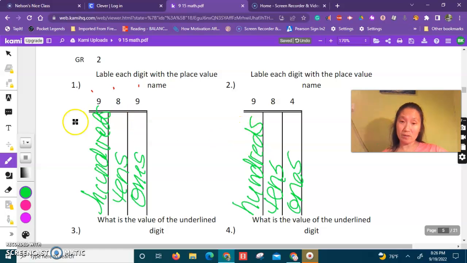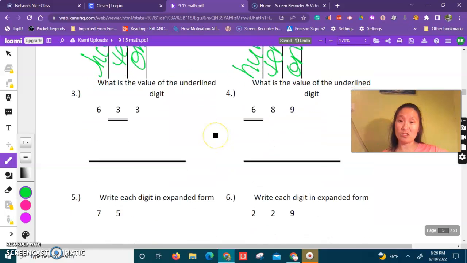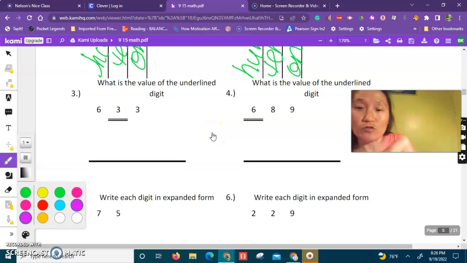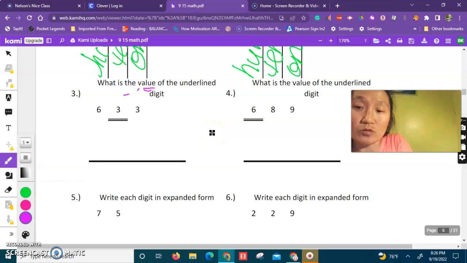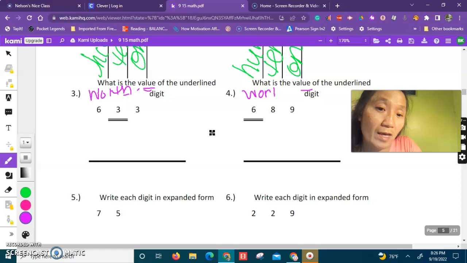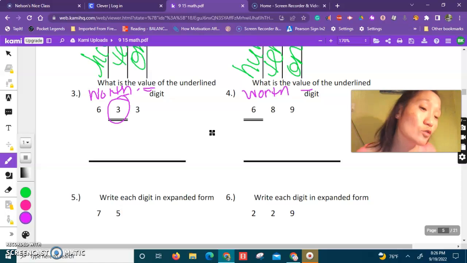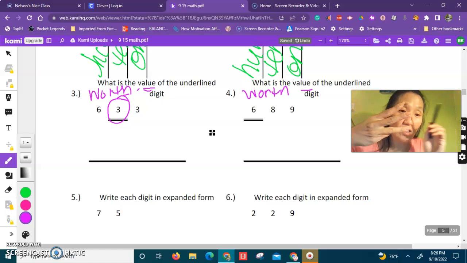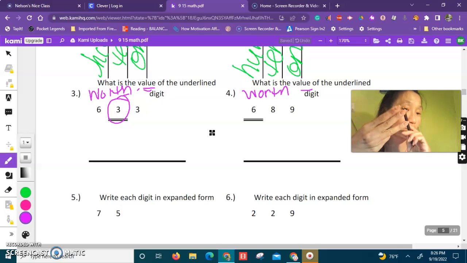We're going to keep moving because we have to get to questions 3 and 4. When it asks you what the value of a digit is, value means what is it worth? I have 3 pieces of paper, each worth 10. 10, 20, 30.